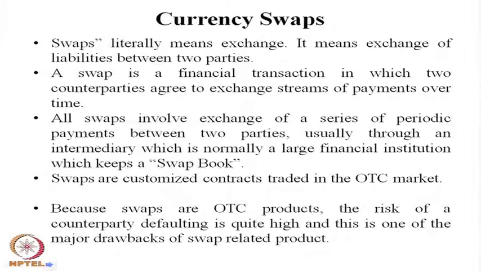However, in many countries, the intermediary, generally a financial institution acting between the two parties, provides some kind of counterparty guarantee, but that kind of counterparty guarantee by the intermediary is rarely available.